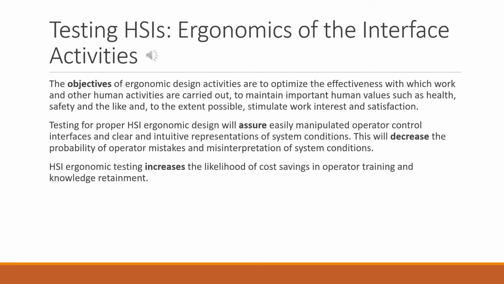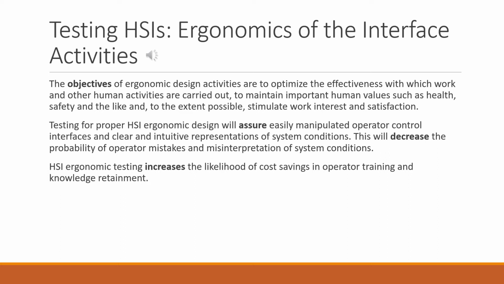The second component of testing HSIs is ergonomics of the interface activities. The objective of ergonomic design activities is to optimize the effectiveness with which work and other human activities are carried out, to maintain important human values such as health and safety, and to the extent possible, stimulate work interest and satisfaction.